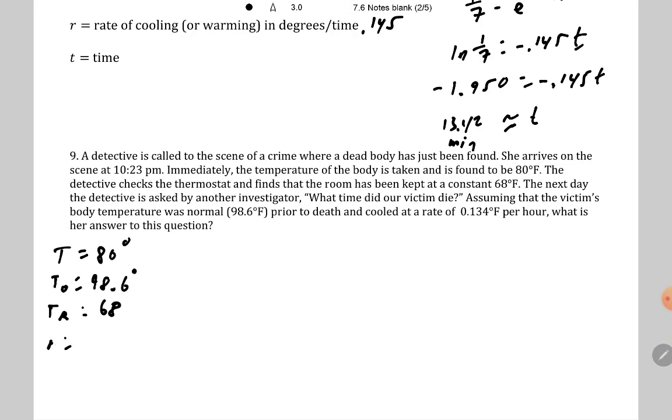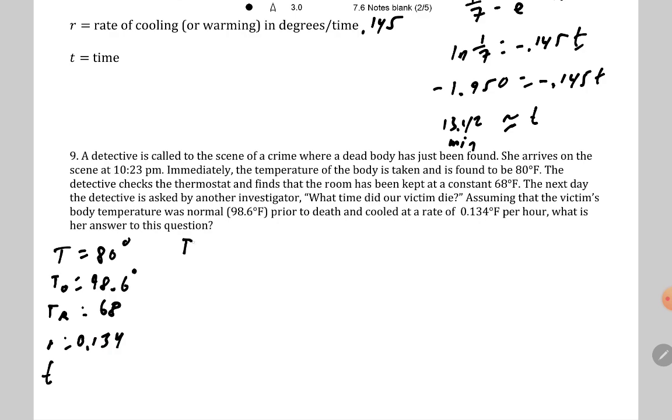R, 0.134, and then we're looking for, what are we looking for? What time did our victim die? So we're looking for time in this case. Okay.